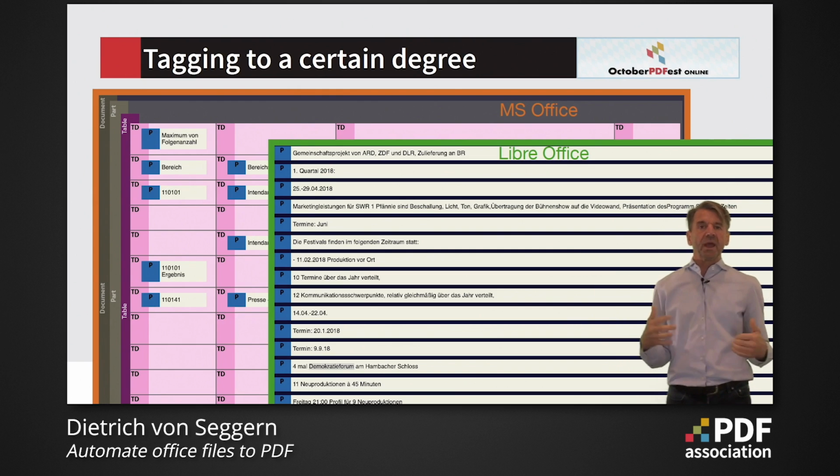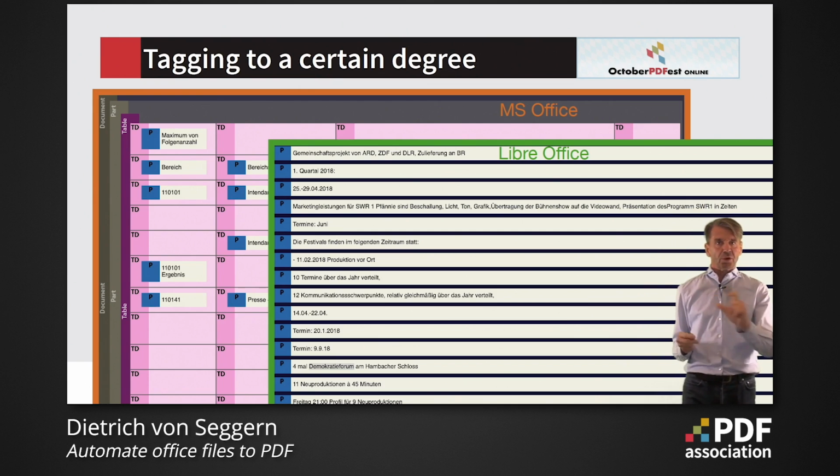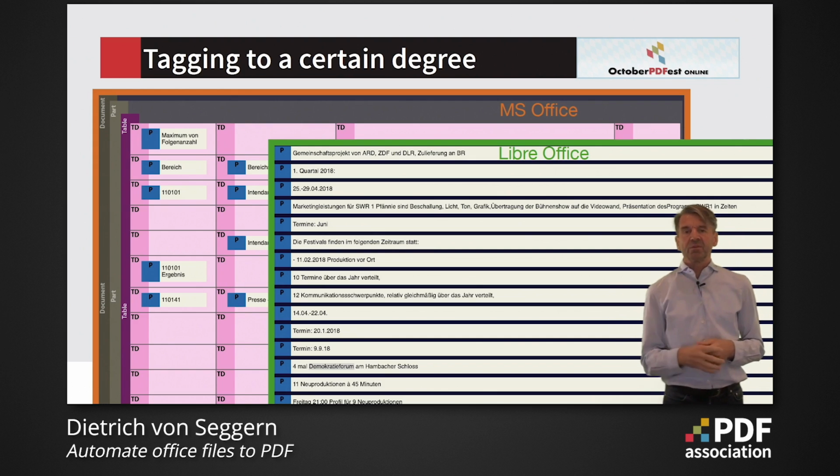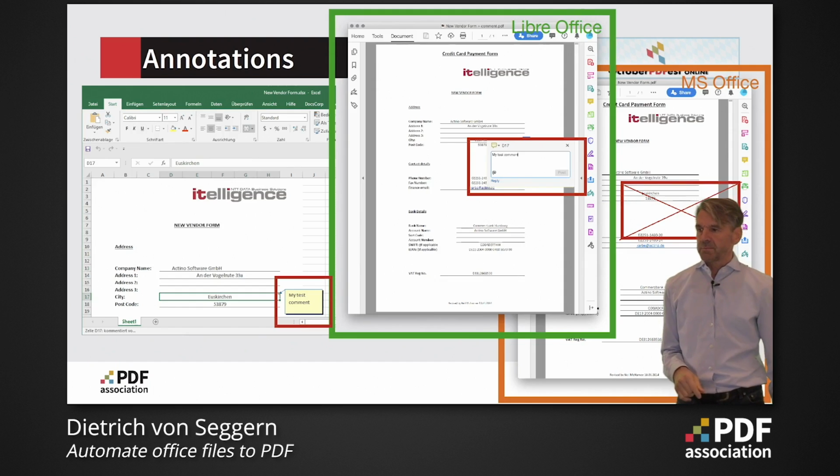So from a complex table with merged cells, you wouldn't get a proper tagging result even from Microsoft Office, but for a simple table that works actually quite well.